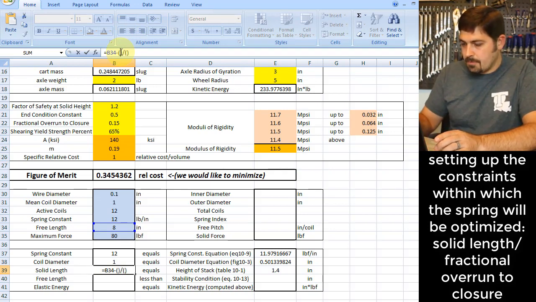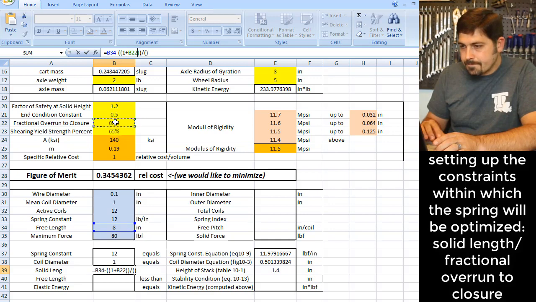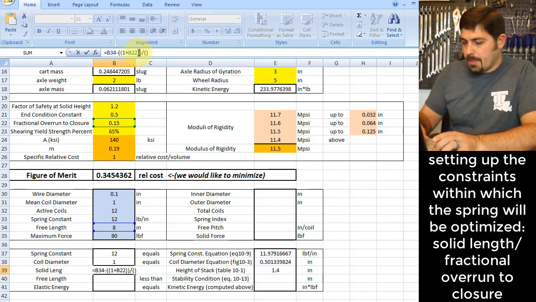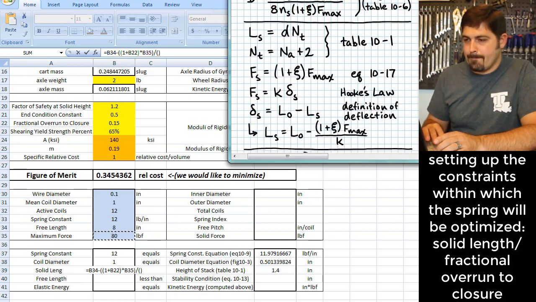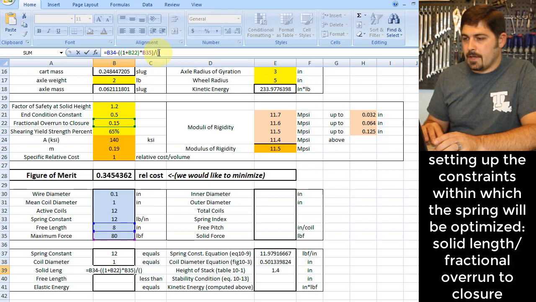Okay, and actually this should probably be put in parentheses. 1 plus the fractional overrun to closure, which is right up here. Okay, and that needs to be multiplied by the amount of maximum force that we have here, and then this should be divided by our spring constant, which is right here.